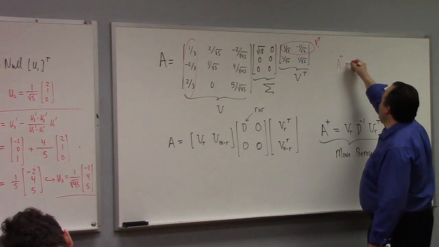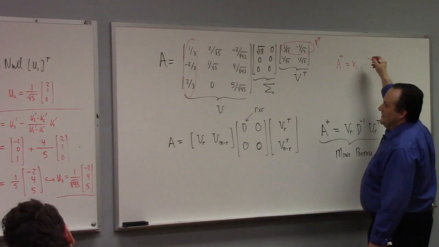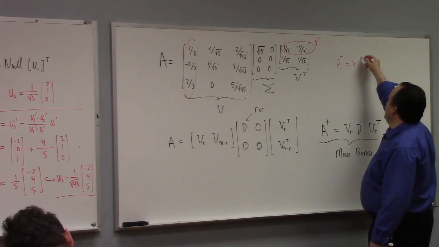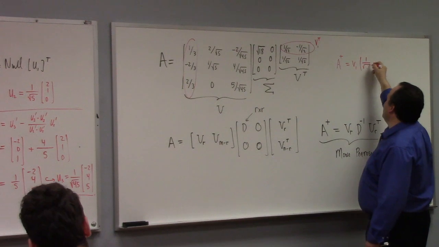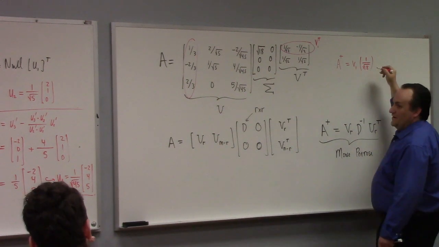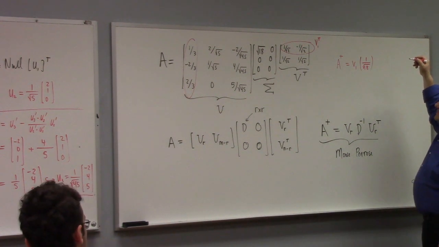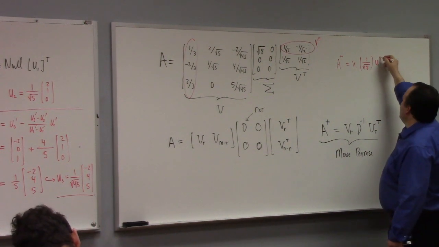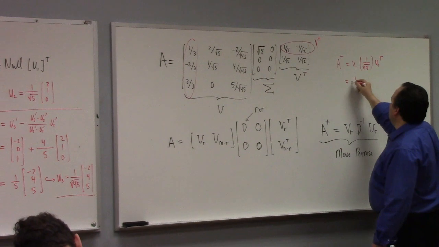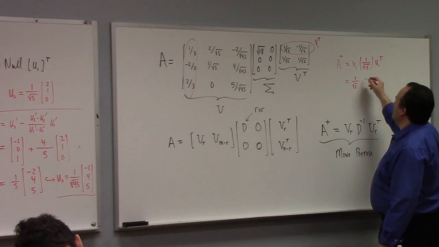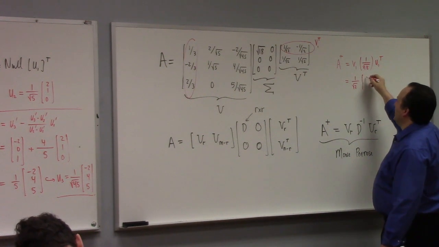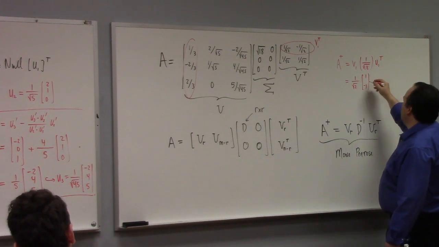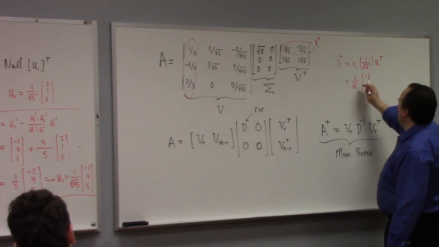What's D inverse? That's 1 over the square root of 18. What's the inverse of a number? It's the reciprocal. And then U r transpose is just U1 transpose. So it is 1 over the square root of 2 times the vector 1, minus 1, and then 1 over the square root of 18, which I'll bring out front.